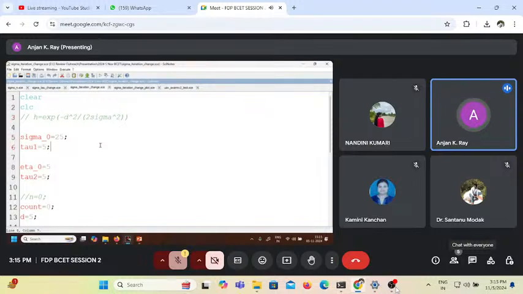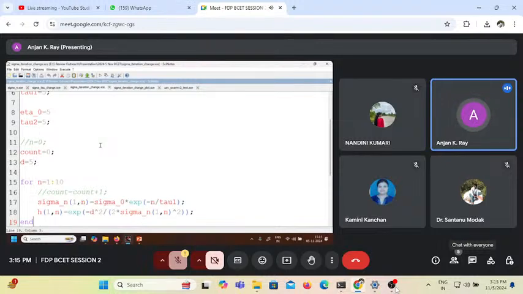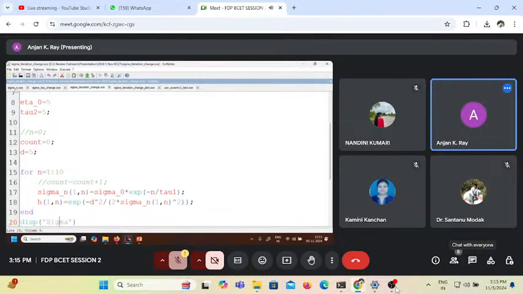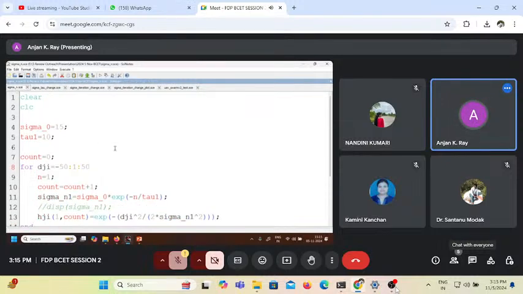So I give some values of sigma and tau, and I consider the distance from minus 50 to 50. Minus is not actually required; it just shows the direction, right side and left side. The values will remain the same.